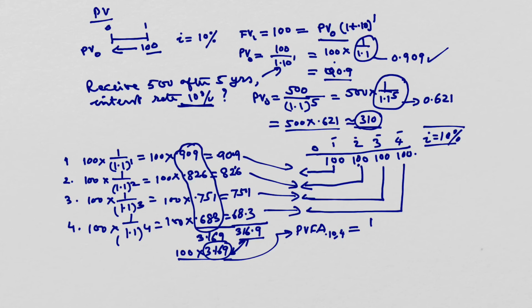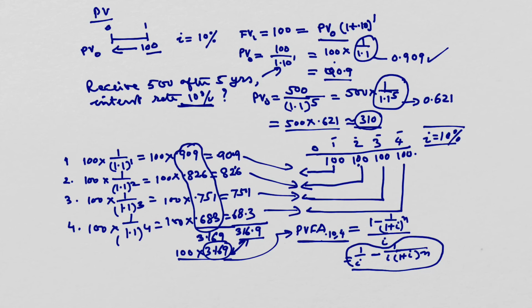So 1 minus 1 divided by 1 plus i raised to n, divided by i, gives you the present value factor for an annuity. Now, this can be rewritten as, if you really solve it, 1 divided by i minus 1 divided by i into 1 plus i raised to n. I generally use this formula because I find it easier to do.